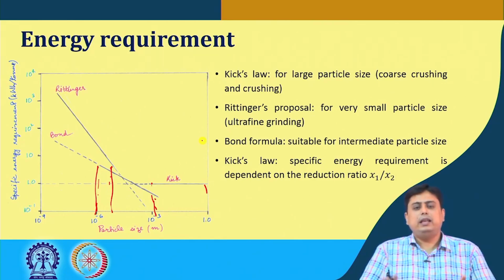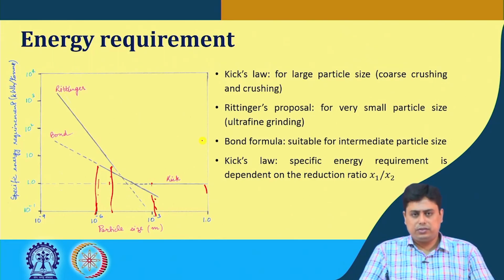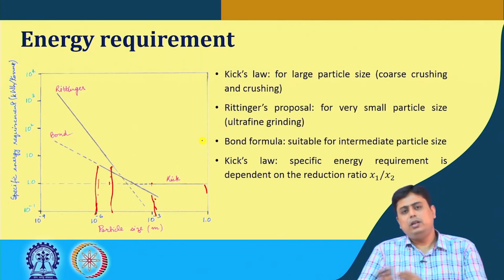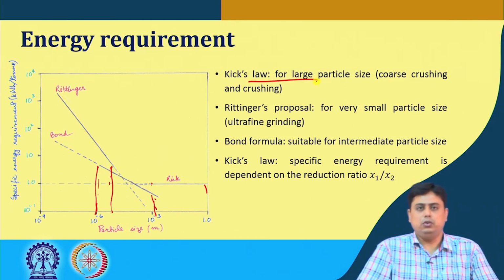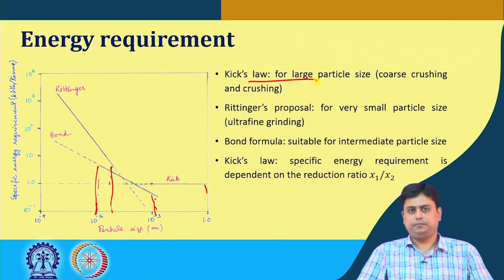When there is a huge amount of surface creation, that is for ultrafine to finer particles, Rittinger's law provides reliable predictions. When we deal with coarser particles or coarse crushing, Kick's law can safely be used as an initial estimation.